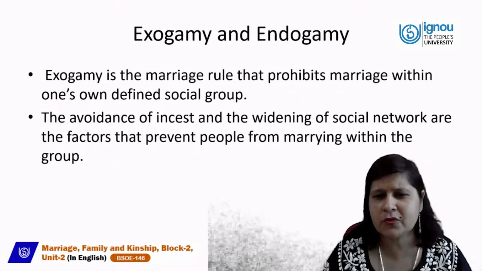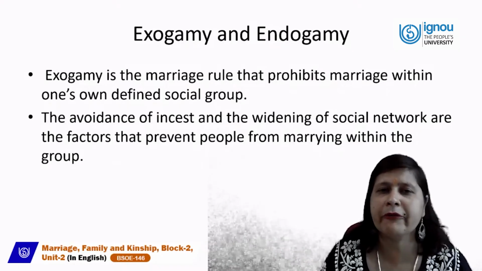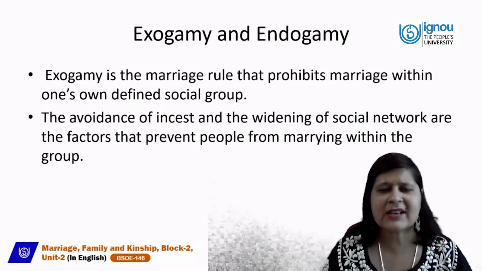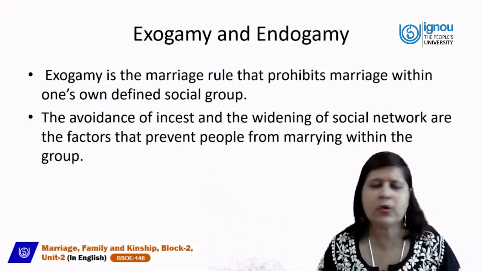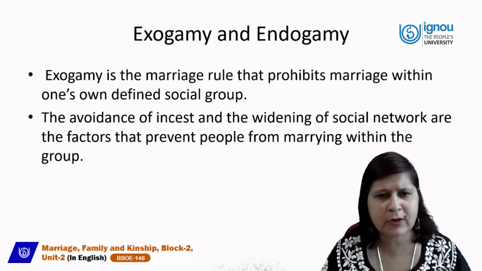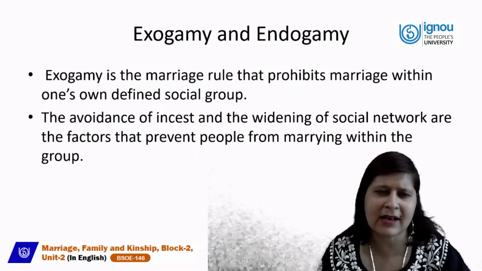Exogamy and endogamy. Exogamy is a marriage rule that prohibits marriage within one's own defined social group. What is exogamy, or the rule of prohibition? With whom you cannot marry. It defines with whom one cannot marry, who cannot be chosen as a marriage partner.